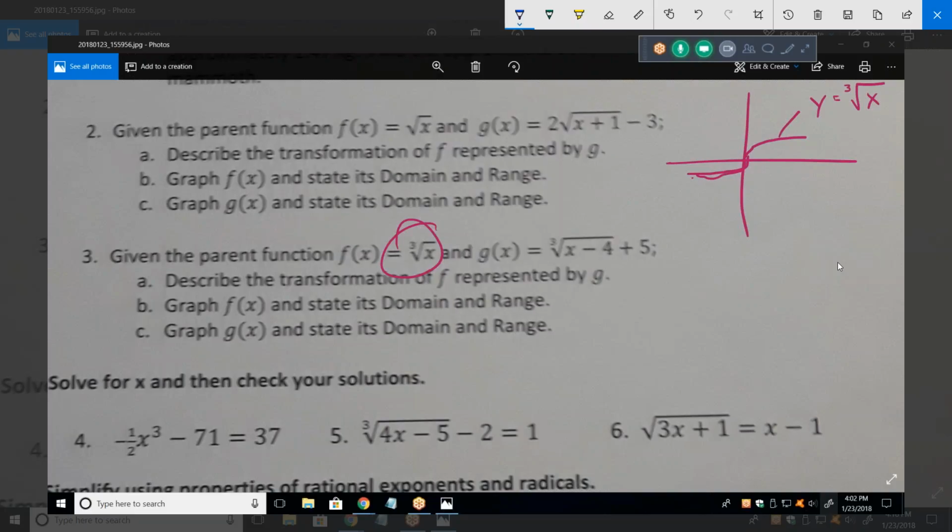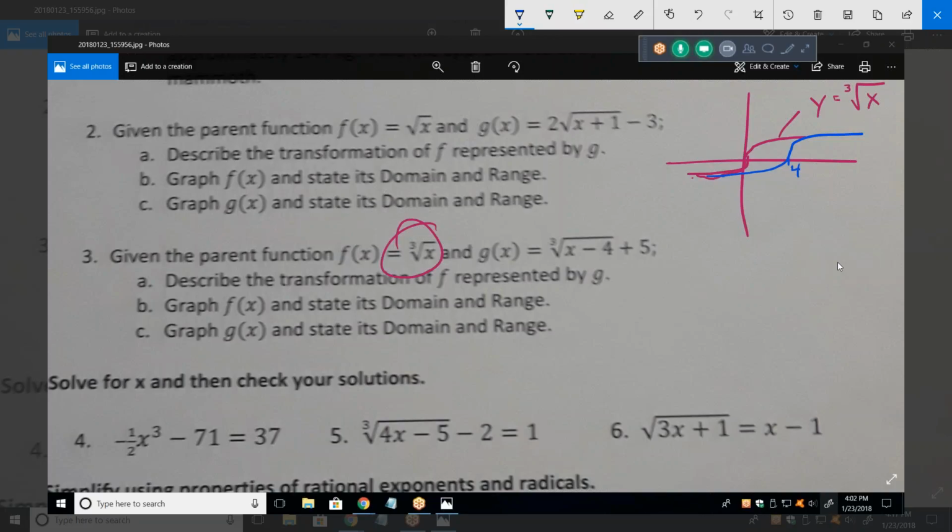So, shifted right 4. Okay, let's do that. So this point right there where it's going to go through, there's a shift of right 4 units, and it should not change the shape of the graph.